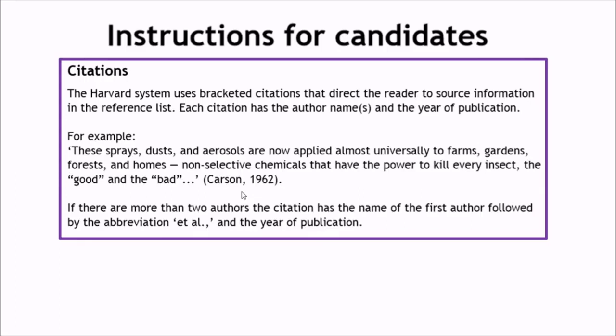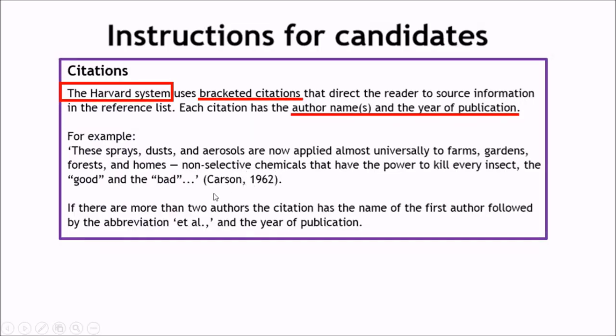And there are two main ways to do that. The first one is called the Harvard system. That puts the citation within a bracket, and the bits of information you include are the author's name and the year in which that source was published. So for example, if this stuff about dust and spray and aerosols is information you got from this document, you take the first author and you add the initial.